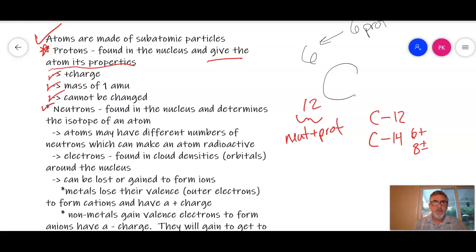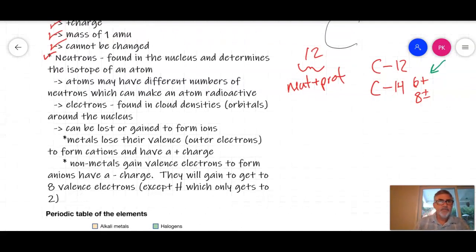It also has a mass of 1 AMU, or atomic mass unit. These are 2 isotopes, but the important thing to remember is both of them have to have 6 protons, because protons determine what an atom is.